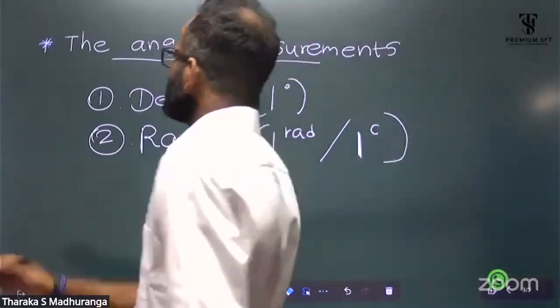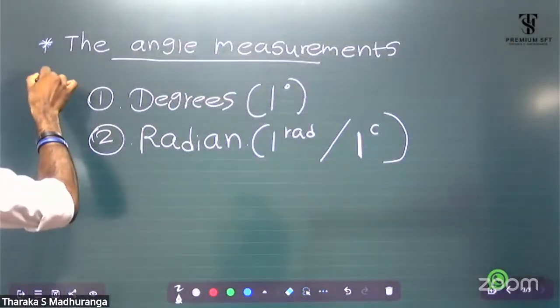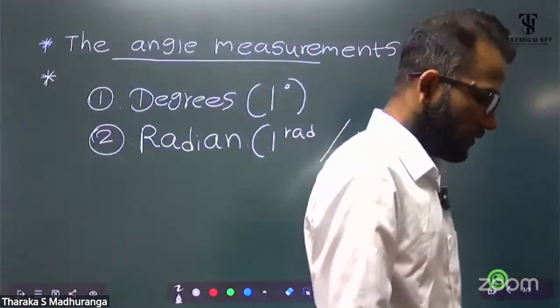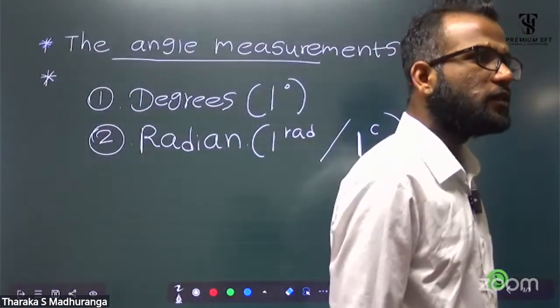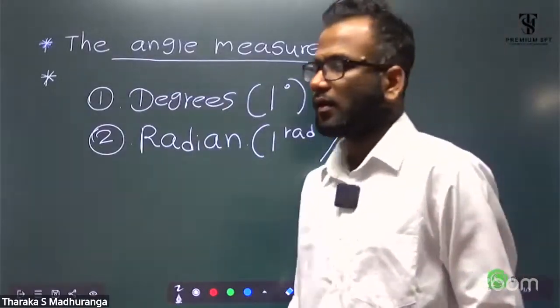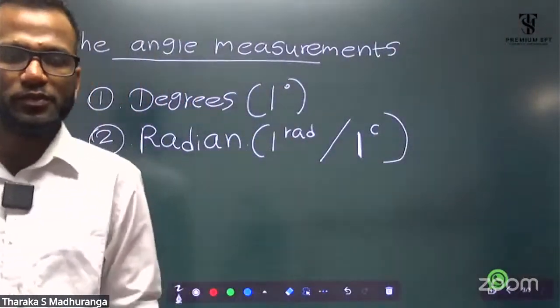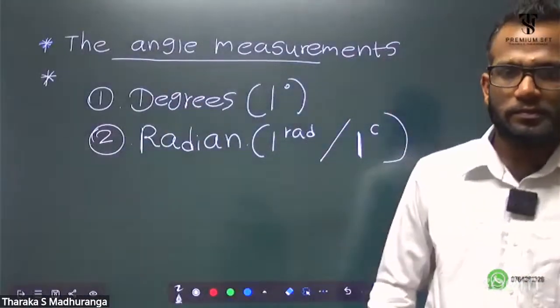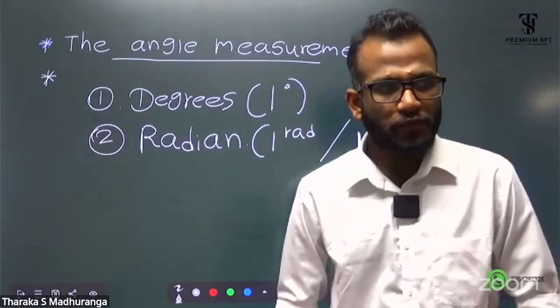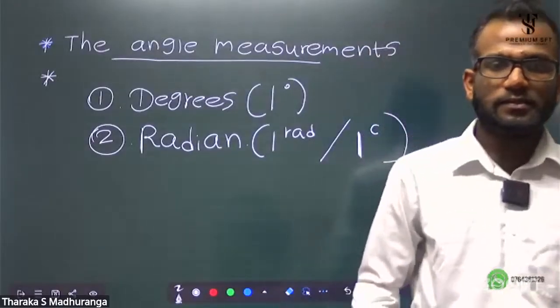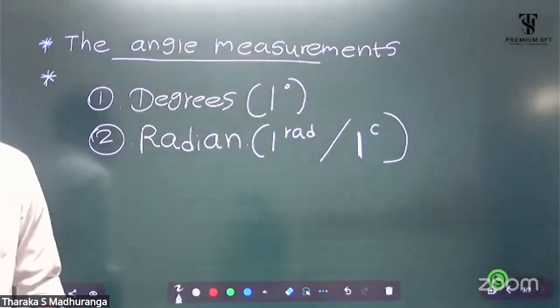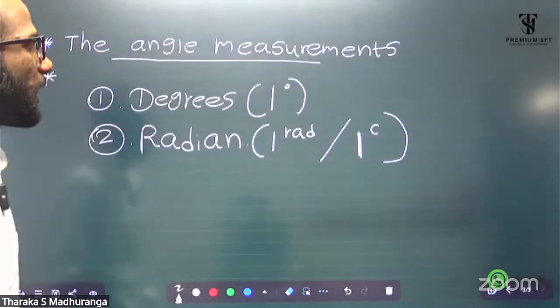Write down the first point: there are two main units used to measure angles.